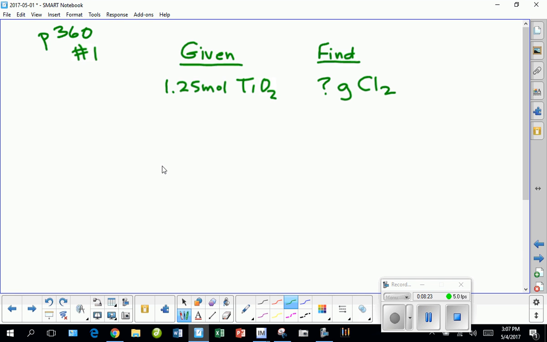Okay, so now we're going to have to use this balanced equation that we have in the book. Or did they balance it? Yes, they did. How nice. TiO2 plus carbon, and TiO2 is a solid, and carbon is a solid.